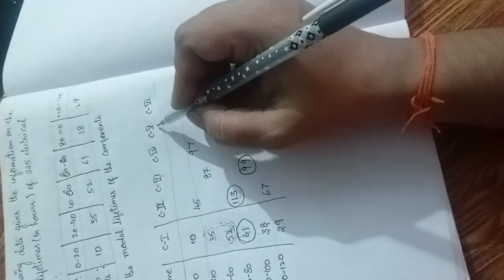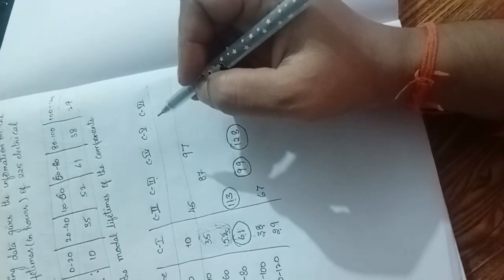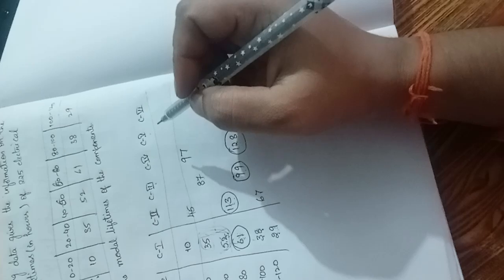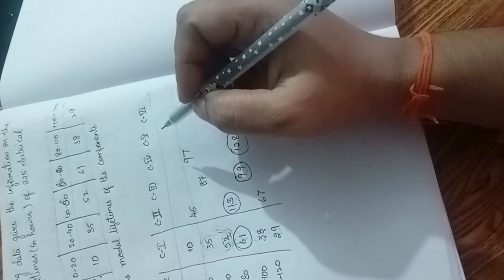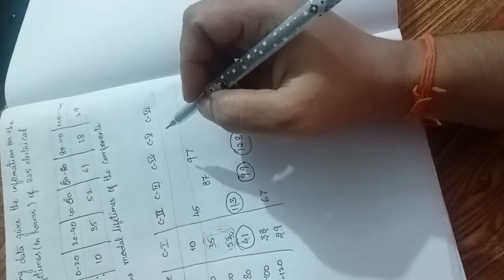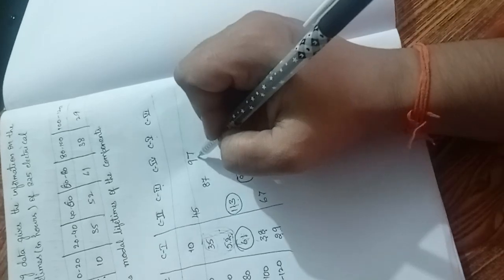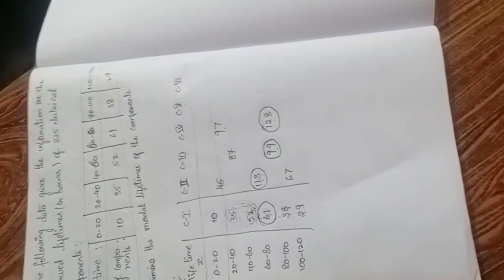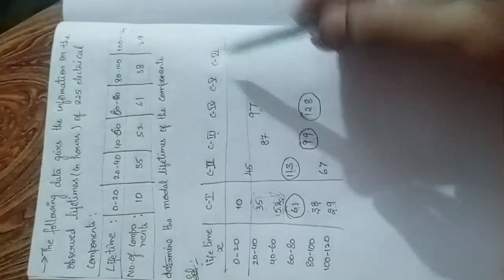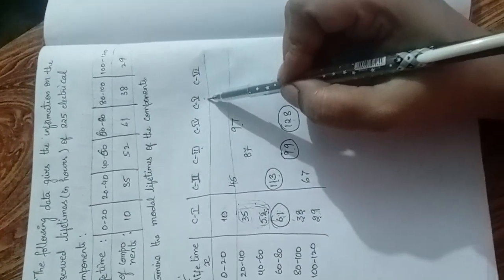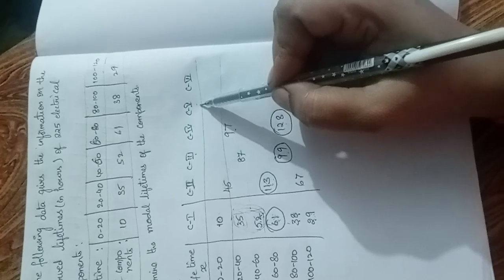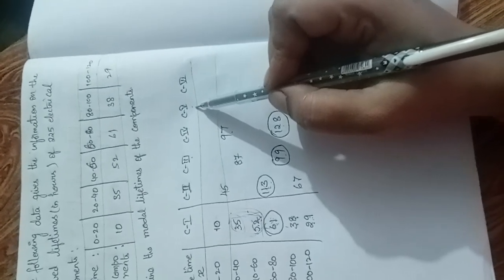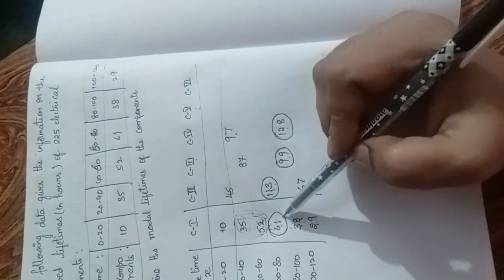Next coming to column 5, for column 5 we have to add these 3.